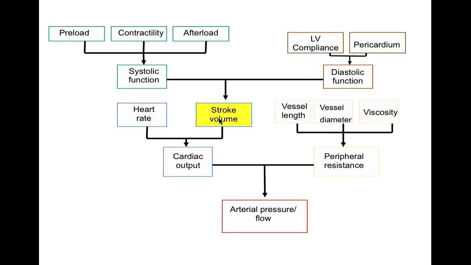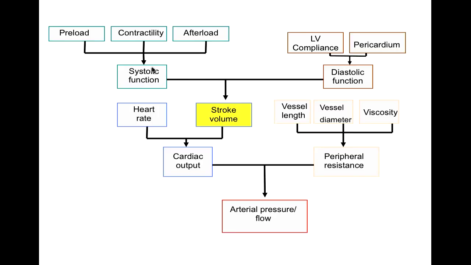Okay, now we can ask ourselves the question, well, how can I play around with stroke volume? How can we change it? Well, there's two major things that affect the amount of blood that comes out of the heart and can affect the number of milliliters. One group of things we can refer to as diastolic function.